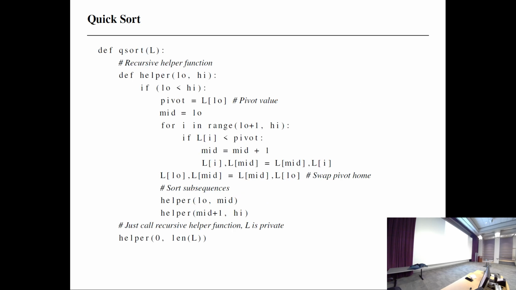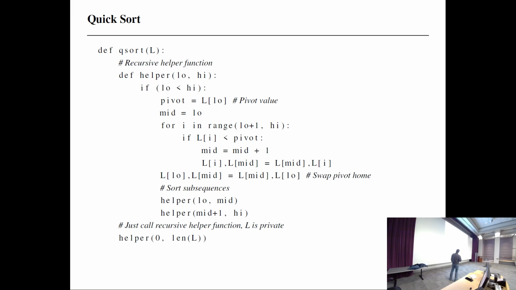Here is my function. It looks a lot like binary search. It is a recursive function, has a recursive helper function, just like binary search did. The only thing Quicksort does is it calls the helper function. And you'll notice the value of the list here, L, is available within the scope of the entire function.